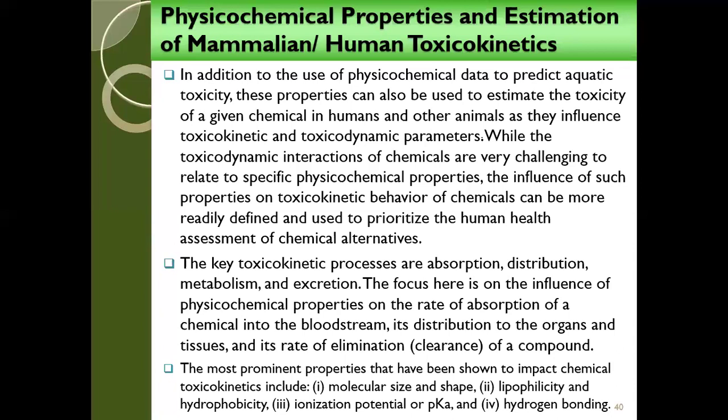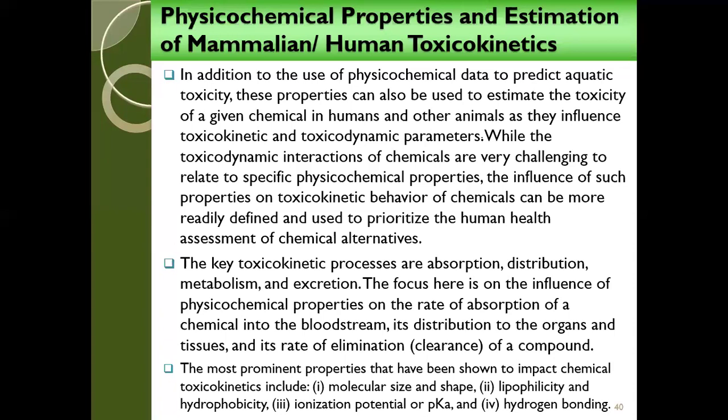So there are a number of factors or properties that have been shown to impact the chemical toxicokinetics, that is in humans. We have molecular size and shape, lipophilicity and hydrophobicity.